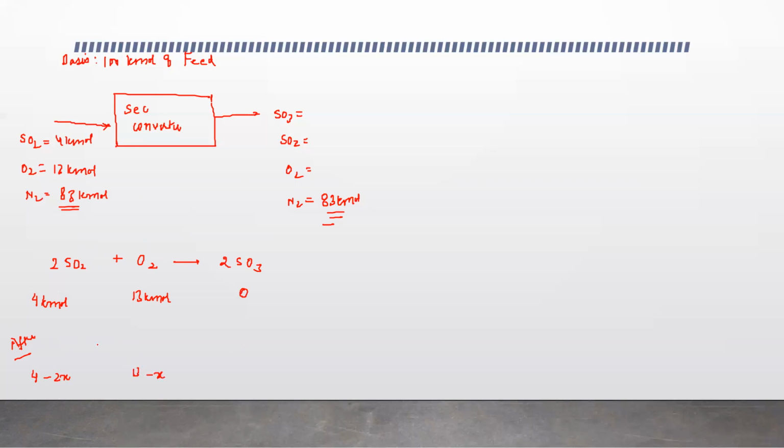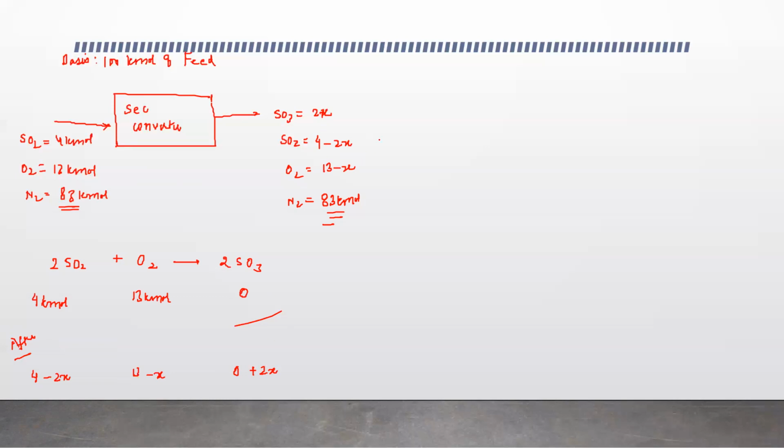And if 2x kilomoles of SO2 react, then 2x kilomoles of SO3 will be produced, so this is 0 plus 2x. So here we'll have 2x, here we'll have 4 minus 2x, and here we'll have 13 minus x.